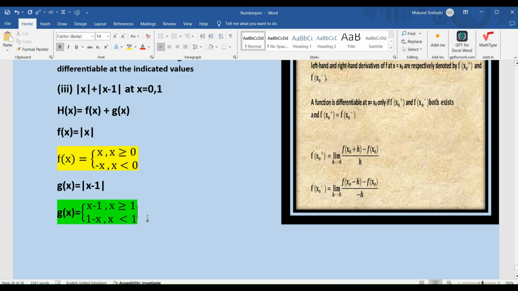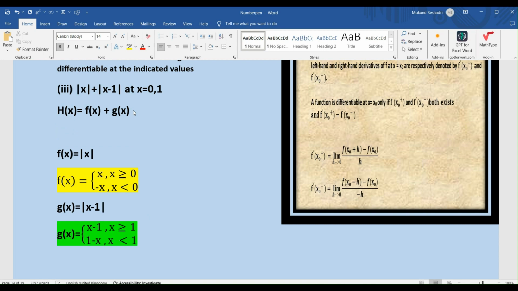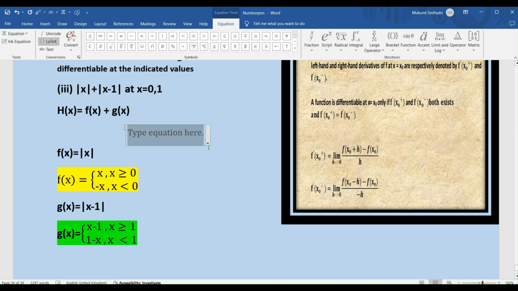So when I combine my f and g, and I'm going to call this h of x, which I will write out here, what do I get?